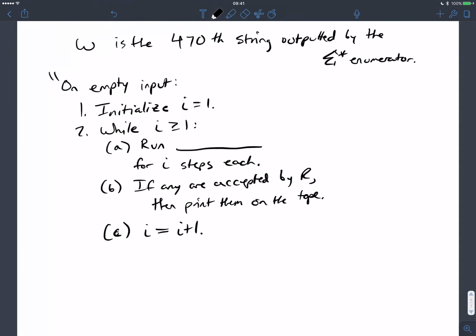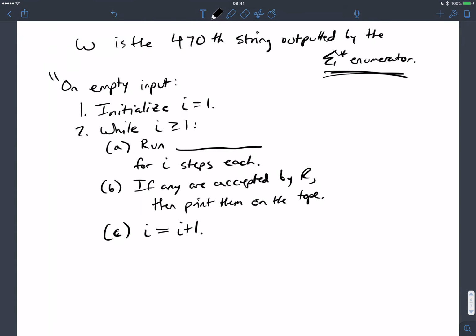Okay. So now we have the problem of where to start: the beginning set of strings that the enumerator will print out, which are outputted by the sigma star enumerator. I need to be able to hit each string in a finite amount of time so that I have a chance of printing it out.